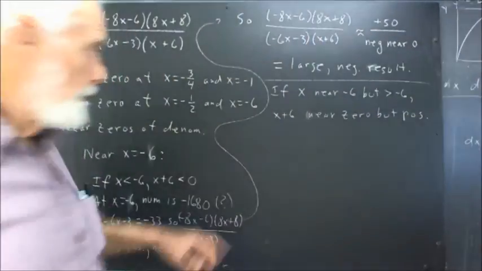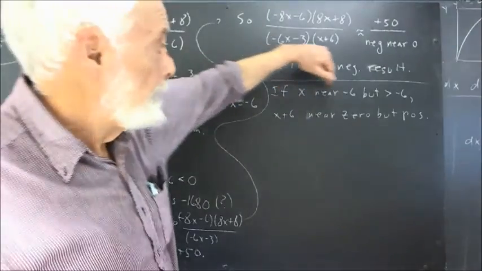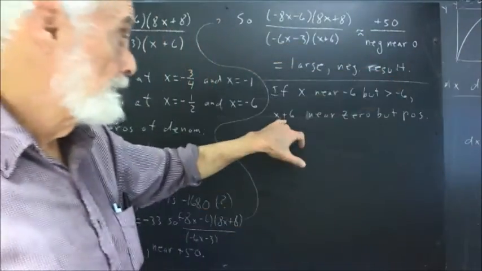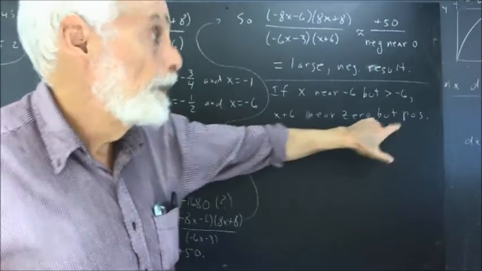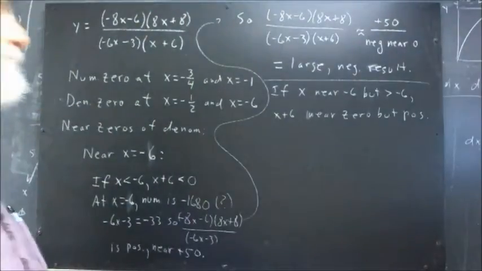I maybe should have paused and written that off camera, but if x is near negative 6 but greater than negative 6, then x plus 6 is near 0, now positive.